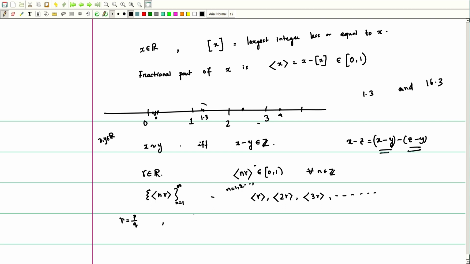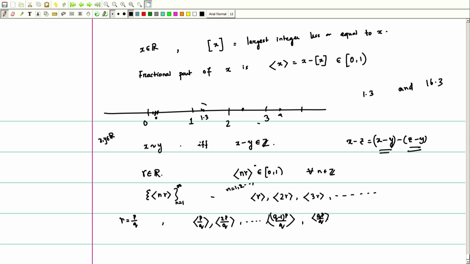Then the first one I will write as the fractional part of p by q. The next one I will write 2p by q. It goes on, let us say (q minus 1)p by q, and then qp by q.